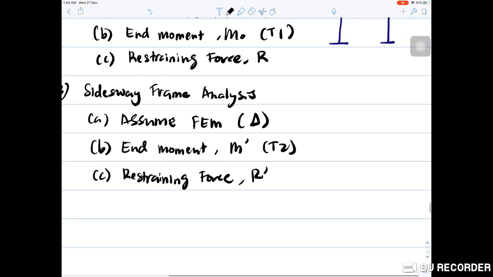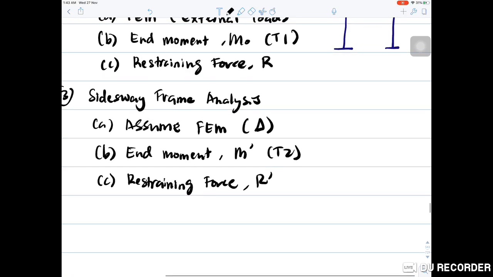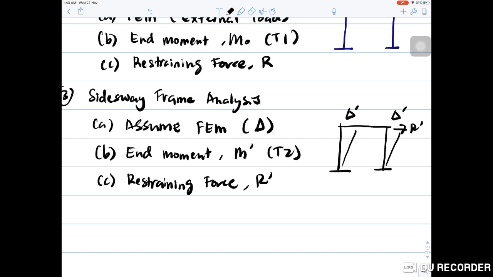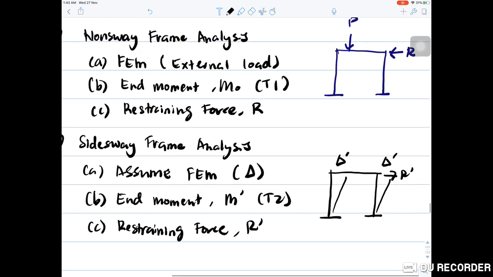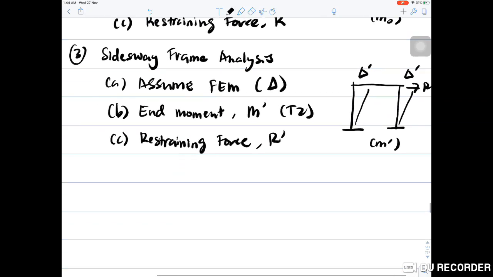For this one it is the sidesway frame due to R prime. Here is delta prime. This is M naught and this is M prime.